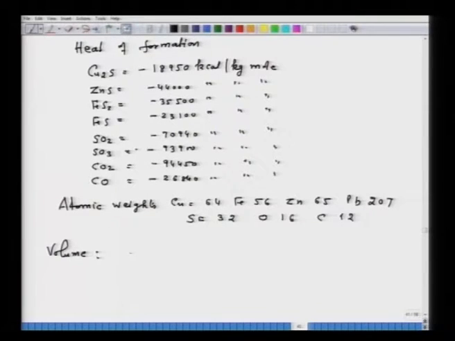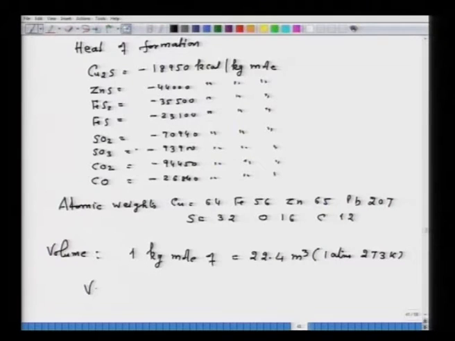The volume of gas I will be expressing for 1 kg mole of any gas is equal to 22.4 meter cube at 1 atmosphere and 273 Kelvin.